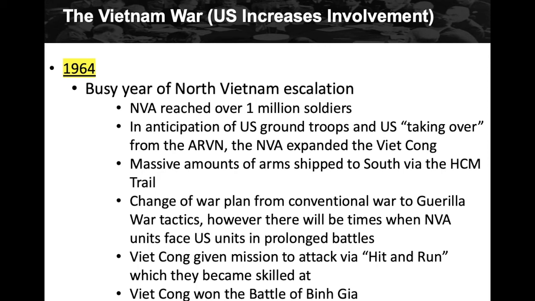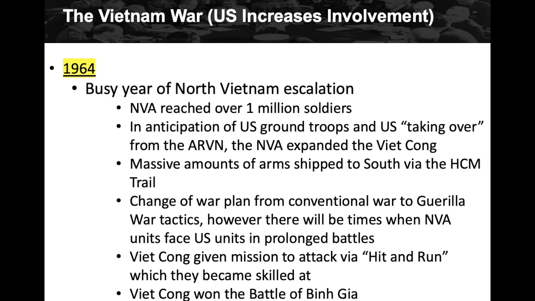An example of that would be the Tet Offensive in the city of Hue. There would be North Vietnamese soldiers fighting United States soldiers in street combat, in urban combat. So it wasn't just guerrilla warfare in the jungle. You actually had NVA forces facing U.S. forces in what you would typically think of as a prolonged battle.